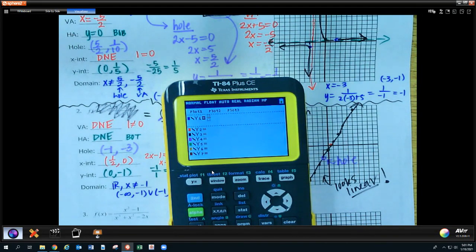In the numerator, we had 2x squared plus x minus 1, and in the denominator, we had x plus 1.